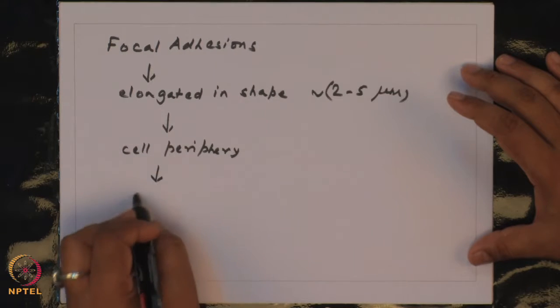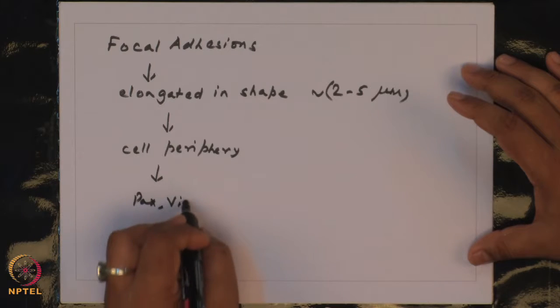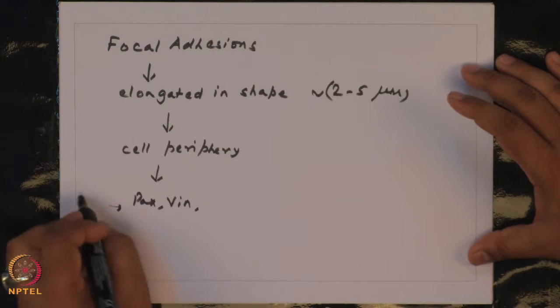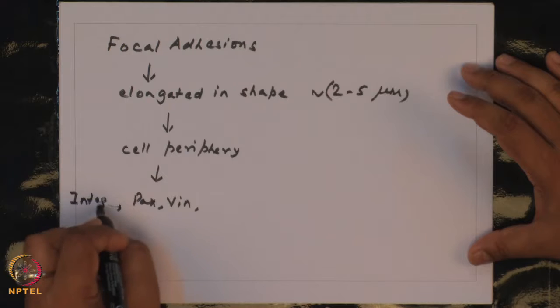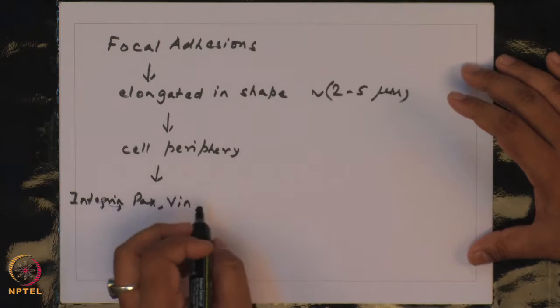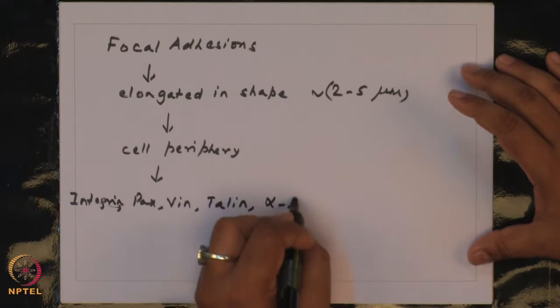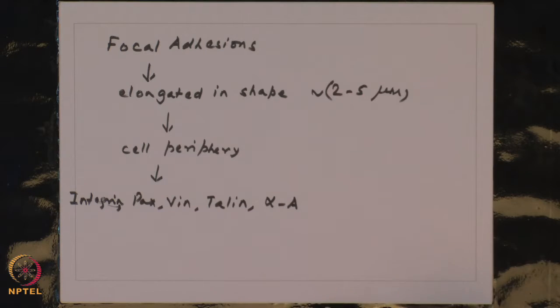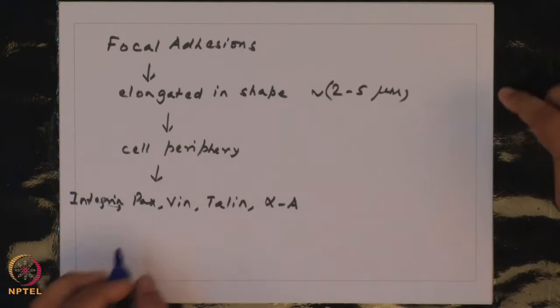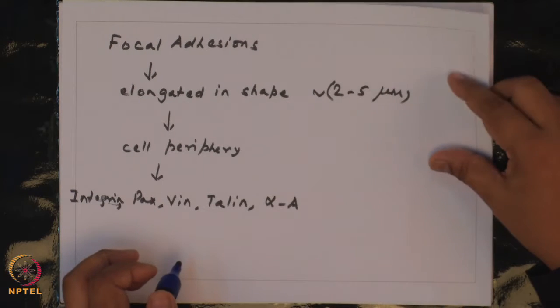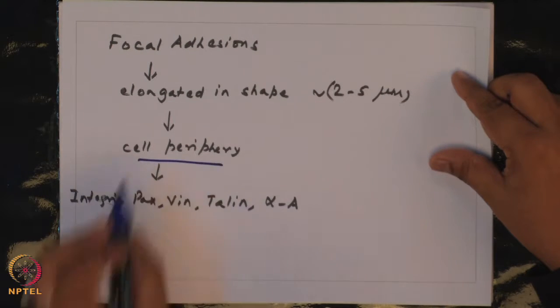In addition to paxillin and vinculin, and of course integrins are always there, you have many more proteins including talin and alpha actinin. So, these focal adhesions are present at the cell periphery.